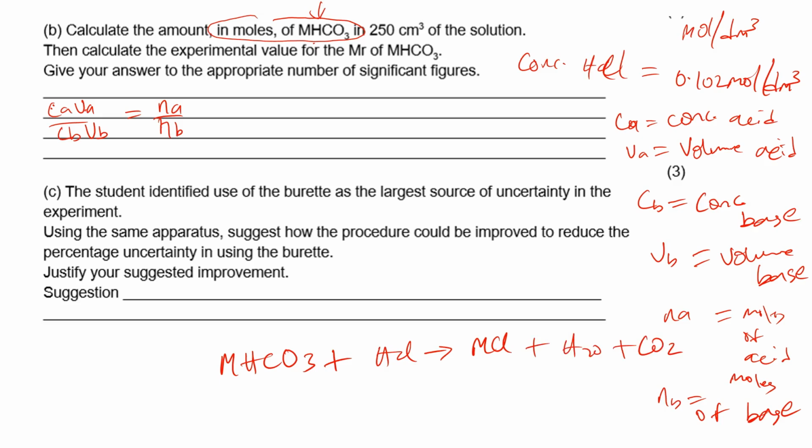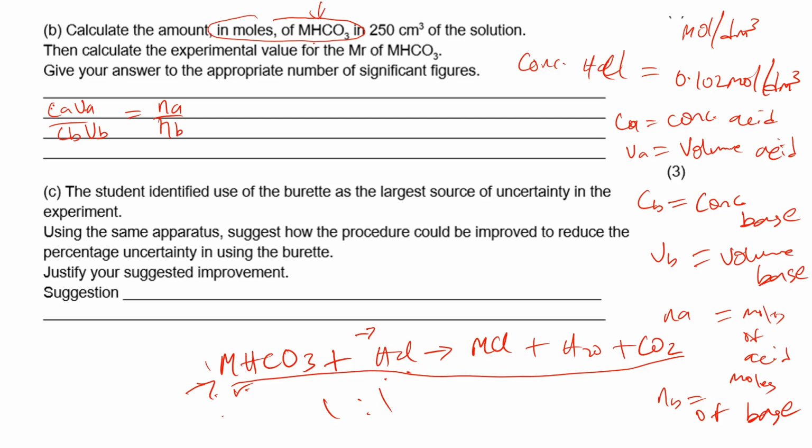Now this was the equation, right? And if you can see, these are base and these are acid. What is the ratio of moles of the acid and the base in this reaction? Here is 1 mole and 1 mole, so the ratio is 1 to 1.